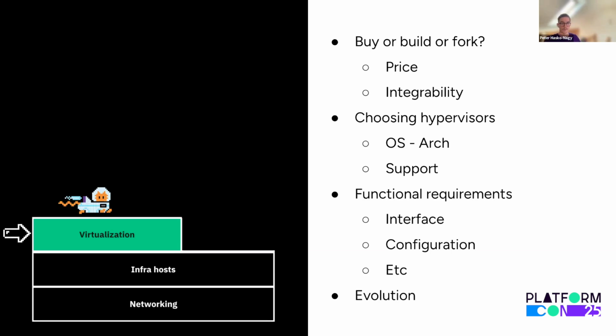There are a few other points to consider when you are thinking about buying. For example, there is only a certain amount of integrability you can achieve with third-party virtualization providers. Most of them aren't really flexible, and most of them are concentrating on a single operating system or a single architecture.